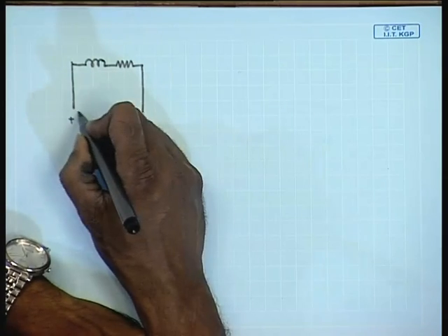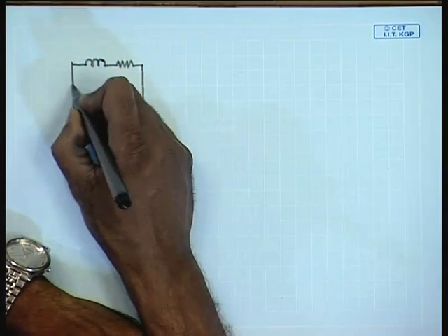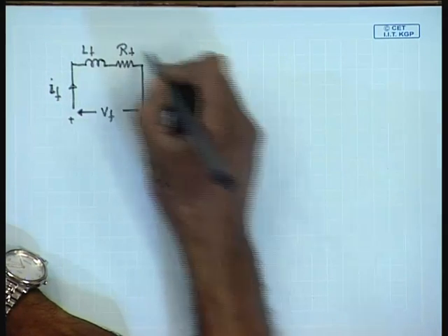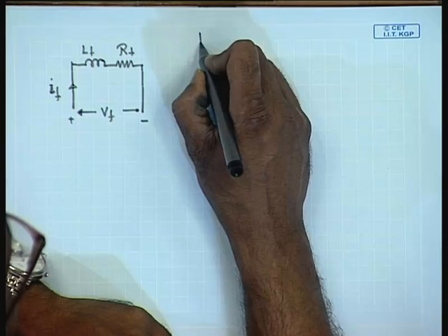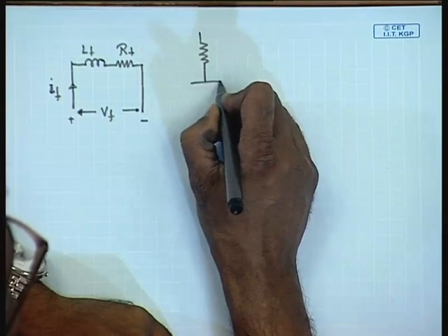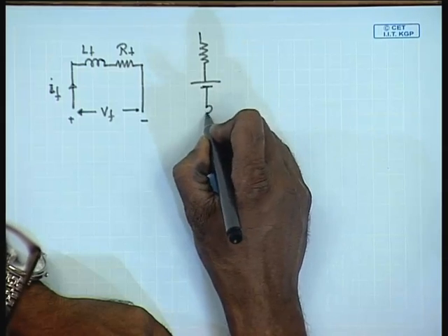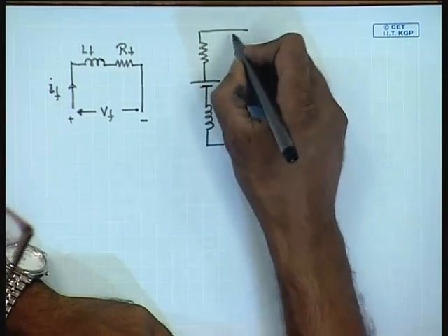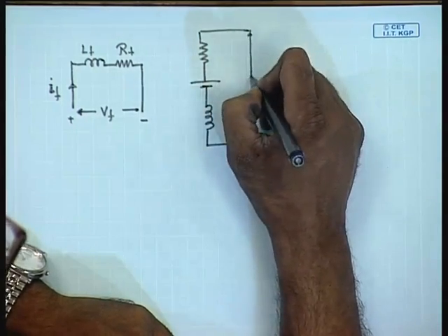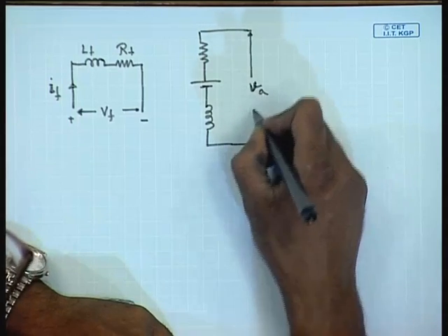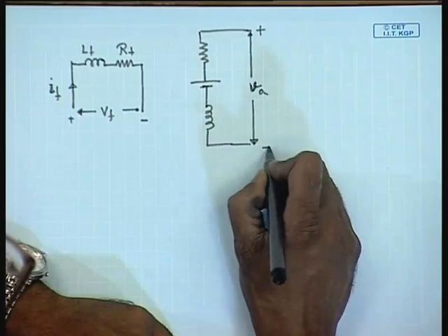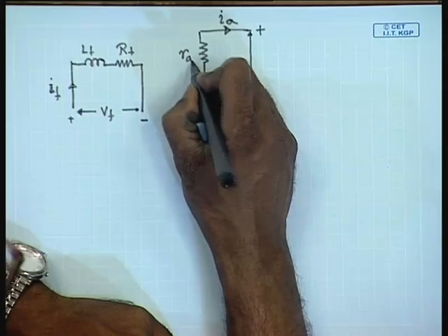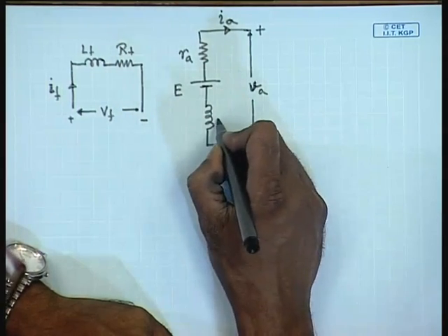This is the field winding. This is the armature winding, let the armature voltage be VA, this end plus, this end minus, and in the motoring mode, let the current be IA, resistance is RA, this is E, and this is the inductance LA.